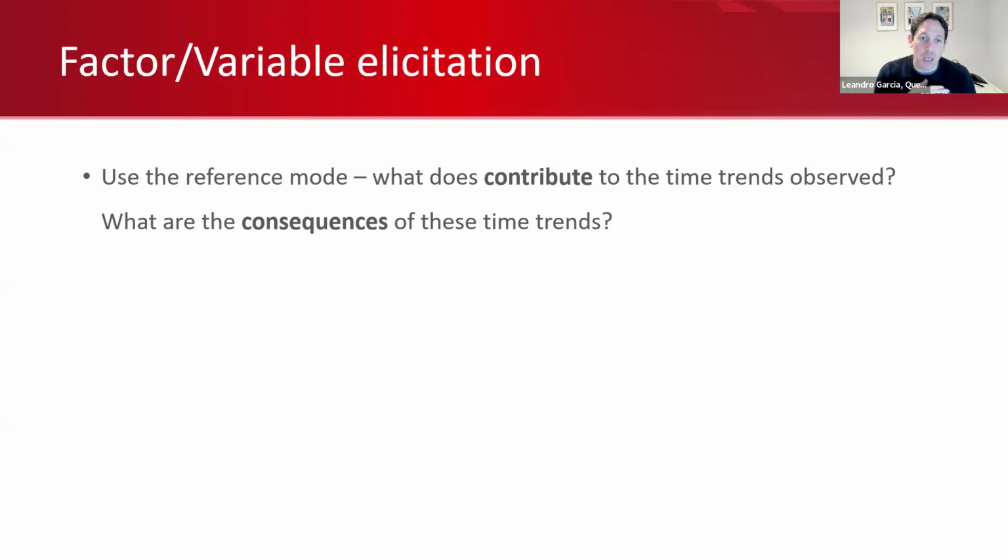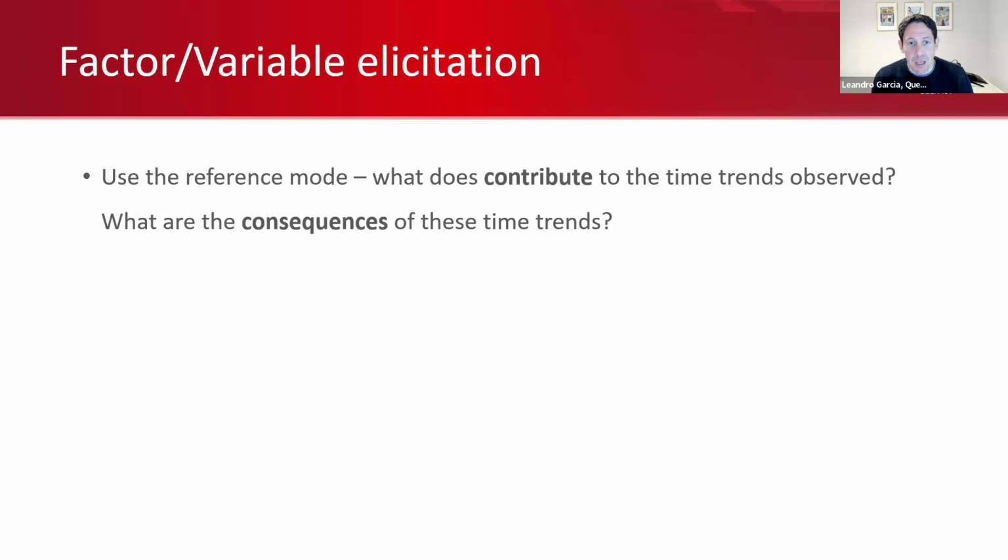But the reason why I tend to divide these two questions is because more often than not, we tend to think of problems in terms of determinants and consequences. So it is easier when we start the elicitation process to make that distinction, although as we move along in the process, this is going to be blurred.